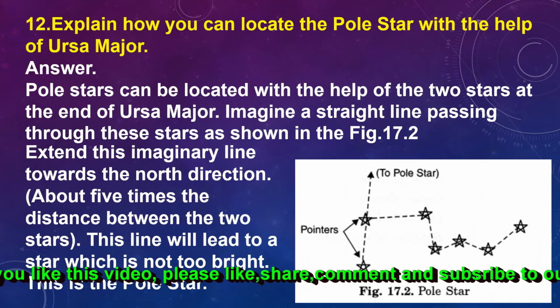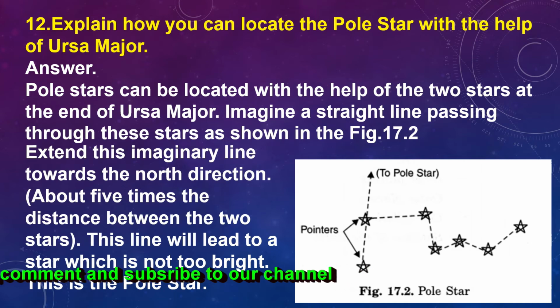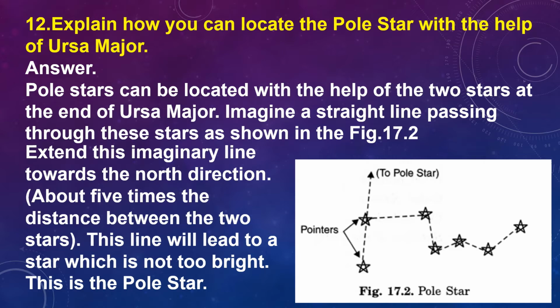Next, explain how you can locate the pole star with the help of Ursa Major. The pole star can be located with the help of the two stars at the end of Ursa Major. First we have to imagine a straight line passing through these two stars. Observe this figure. Extend the imaginary line towards the north direction about 5 times the distance between the two stars.